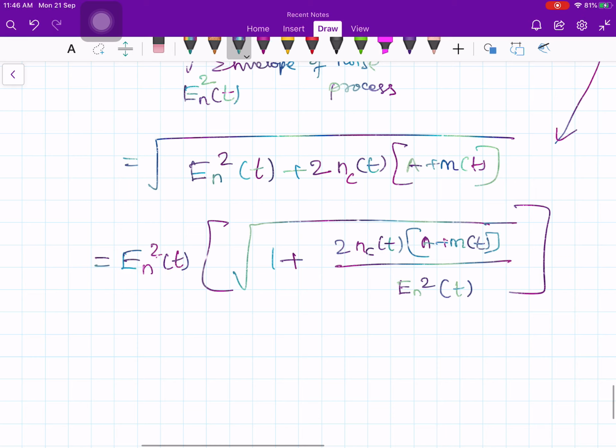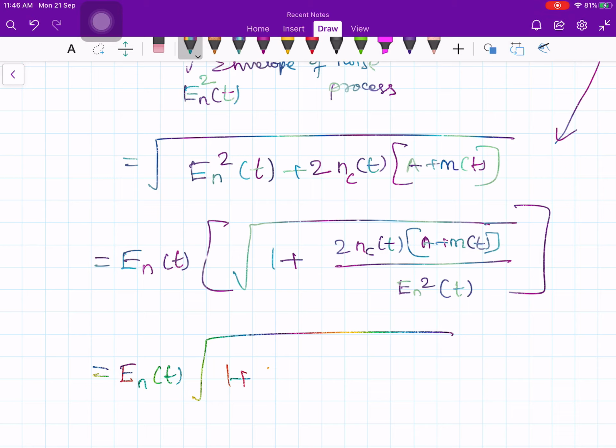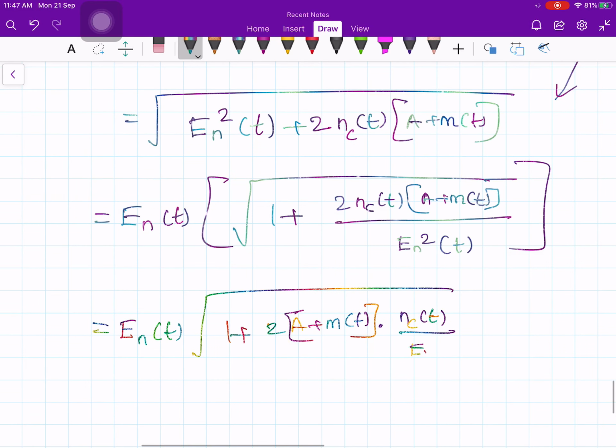Now if you bring it outside the root, En square becomes En only, not En square. Therefore this is En of t multiplied by 1 plus, let me rewrite this term, 2 times (a plus m of t) multiplied by nc of t divided by En square of t. Now let us look at this quantity. What is it?